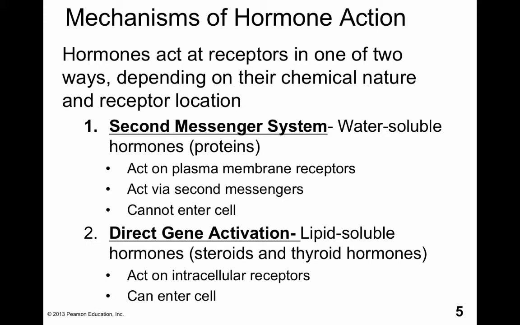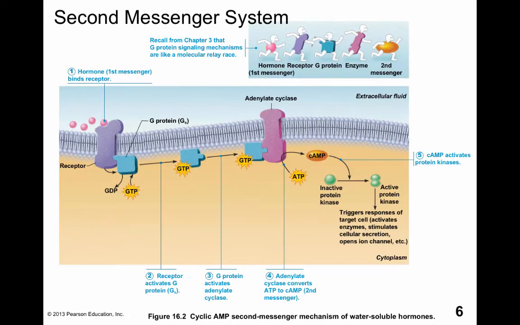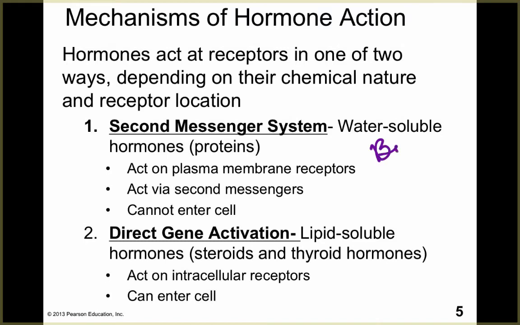Now, hormones work through two types of mechanisms. And so they act at receptors in one of two ways. And it all depends on their location. So the first is the second messenger system. And these are normally water-soluble hormones. And these essentially are proteins. And these things are really big.